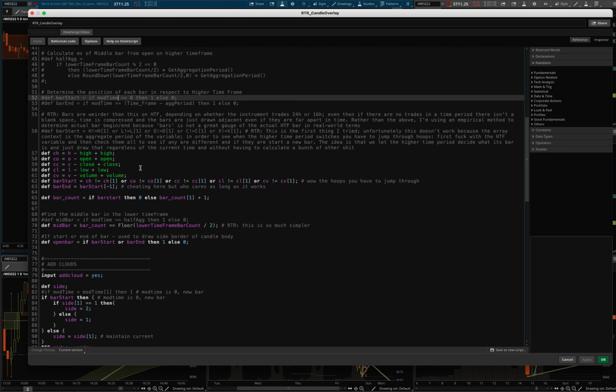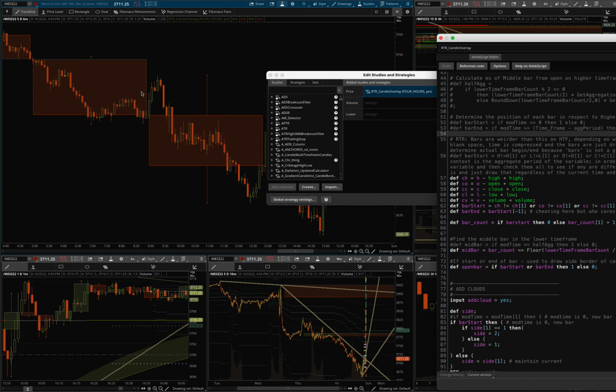An index like MES trades all around the clock except for an hour period after the bell. Regular equities trade generally within a 16-hour period. There are some things that only trade during actual bell hours. If you try to draw a 4-hour candle on a chart that includes all of that information, the way TOS draws these candles is, with an index you're not going to notice this, but on a small cap that's rarely traded, you'll see a bar, and then the next bar might be 20 minutes later or 4 days later.